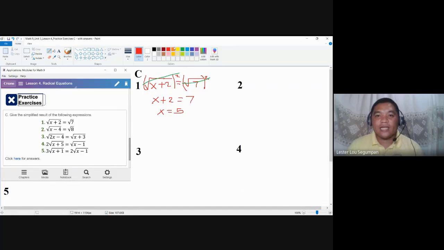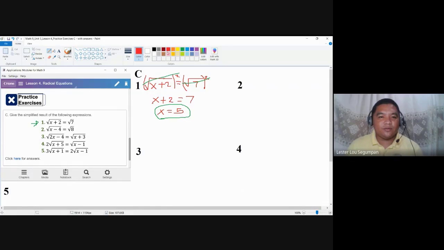Let us check whether this is actually a solution. Going back to the given, 5 plus 2 is 7. So this side becomes square root of 7 equal to square root of 7 on the other side. This means that this value makes the equation true. So that's it. We just use the same processes.